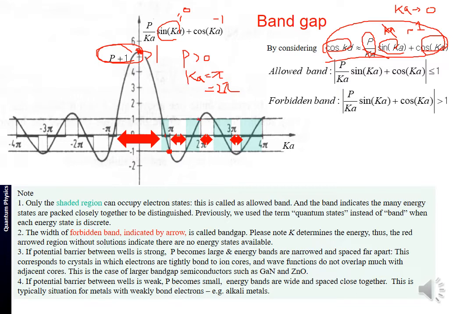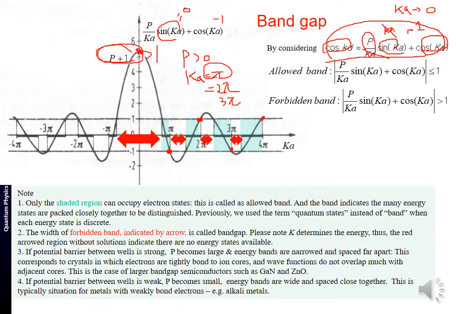So it goes here, goes to here. At the point of 3 pi, it goes to minus 1, just like we did for pi. And then at 4 pi, sine is 0, cosine is plus 1. It goes here. This is a fixed point.